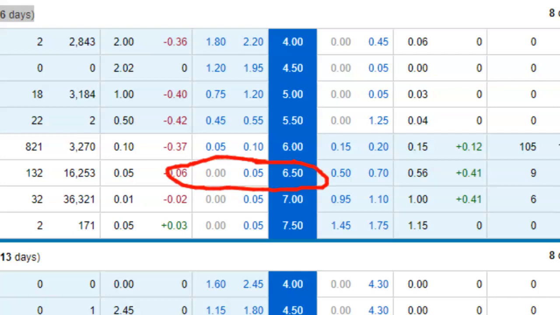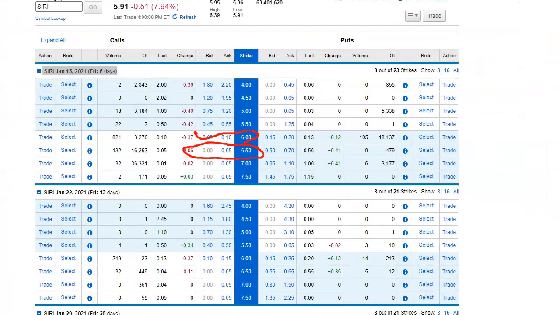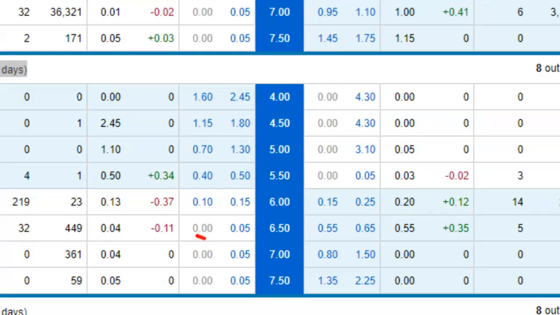Now that it dropped below $6, the next available call is at $6. So there's not going to be one. Now there are a couple of options we can do here. The first option is we can look out at a later date, but even looking out at a later date, we can see there's still no call.